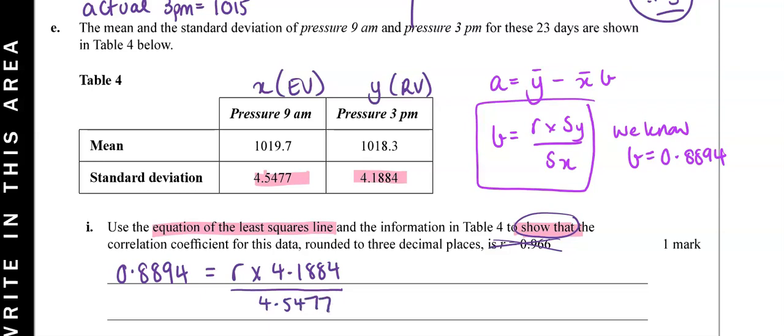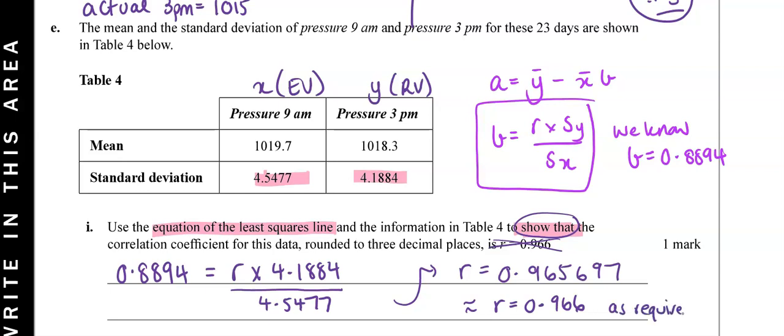Now, when we start to undo that equation and solve, we will end up with R equals 0.965697. When we round that value to 3 decimal places, we get 0.966 as required. So it's really important that you are able to recognise, when we're presenting particular pieces of information, what formulas and what rules you can use to help you gain an answer that's required.